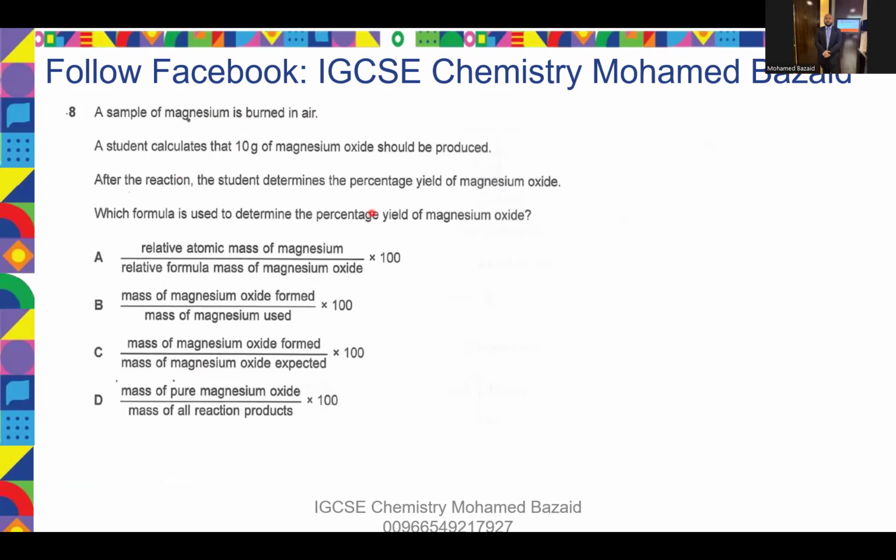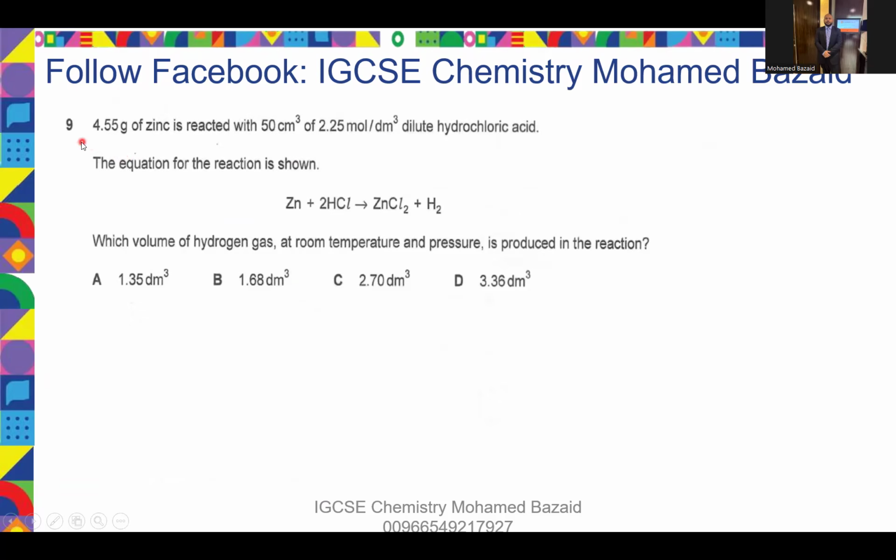Actual yield means the mass of magnesium oxide formed from the reaction, and theoretical means the mass of magnesium oxide expected, then multiply by 100. So the answer is C. The formula of percentage yield must be in your mind.